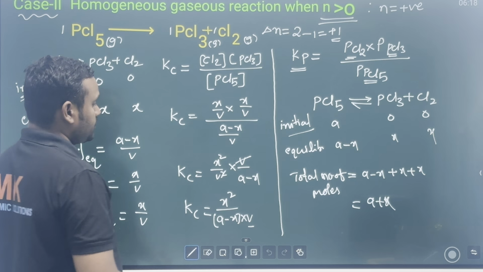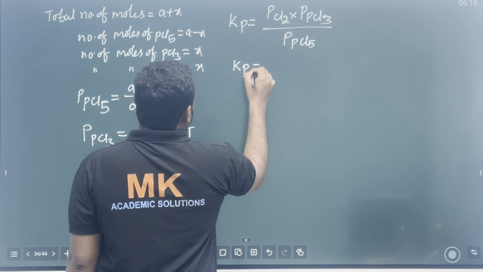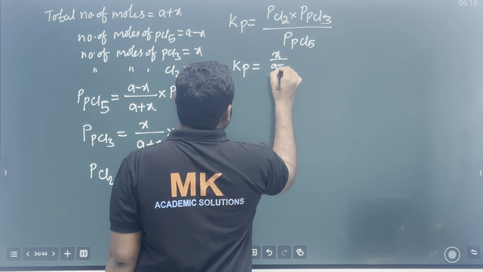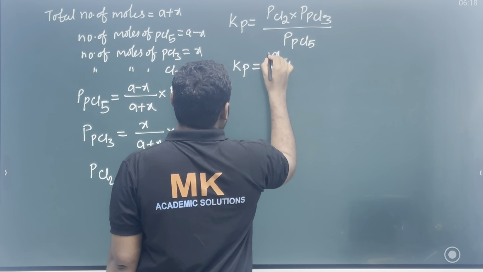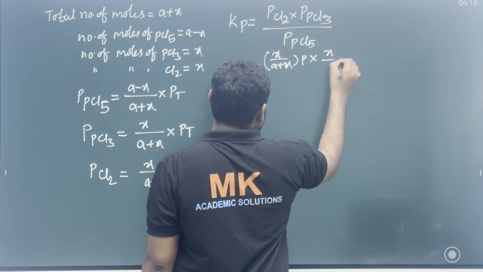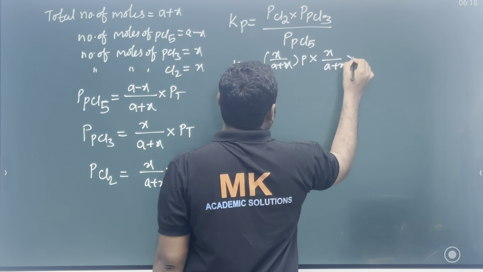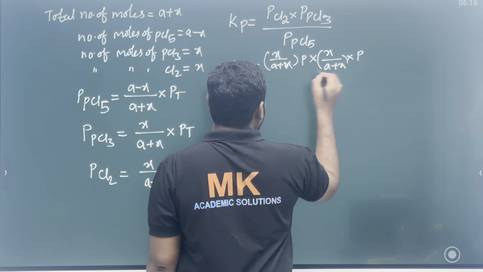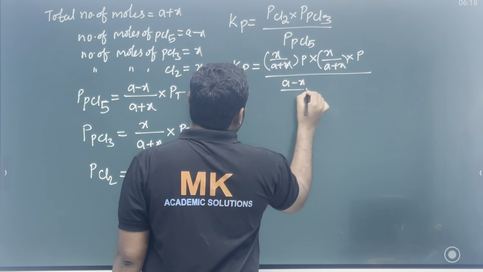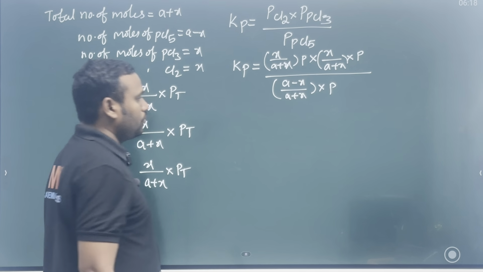So Kp is equal to, the partial pressure of Cl2 is x by A plus x into P, and the partial pressure of PCl3 is also x by A plus x into P, by the partial pressure of PCl5, A minus x by A plus x into P, the total pressure.